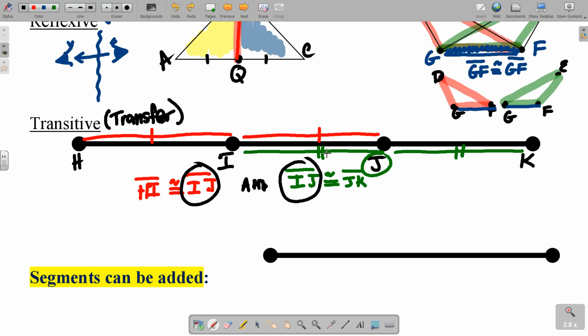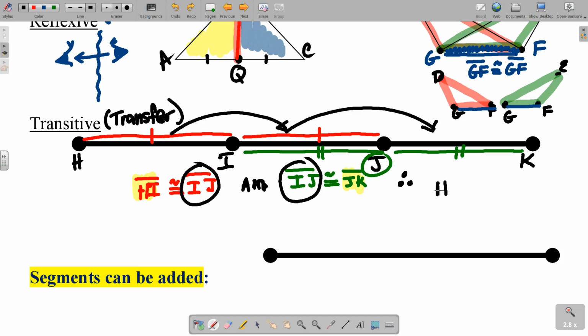See how IJ is repeated? If IJ is repeated there, we can transfer congruency from HI and IJ to JK, and we can come to this conclusion. Therefore, we can say that we can transfer congruency from HI to JK. That's called transitive property.